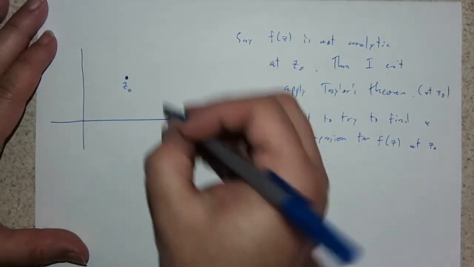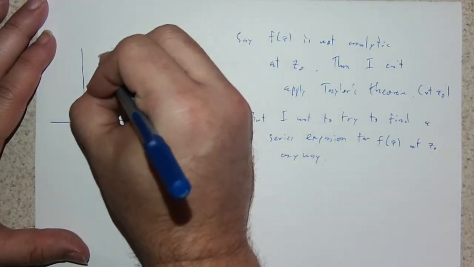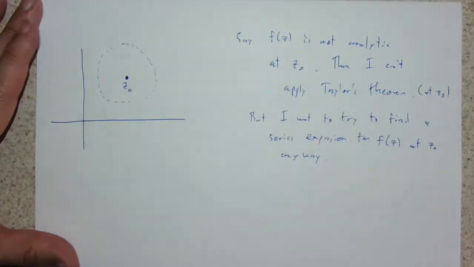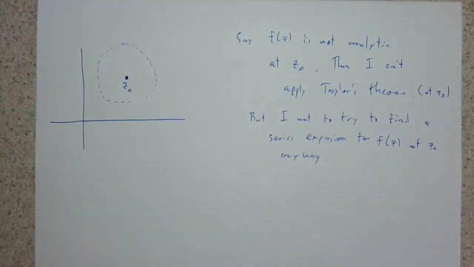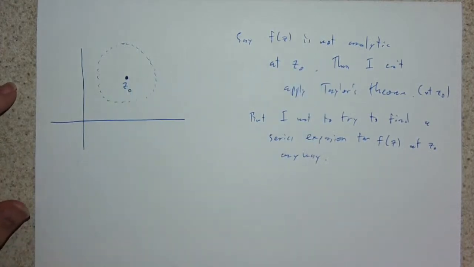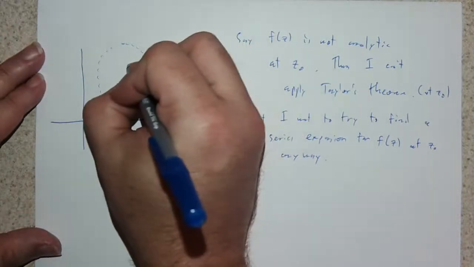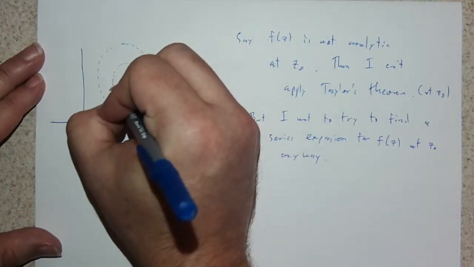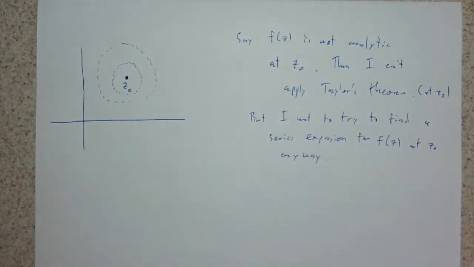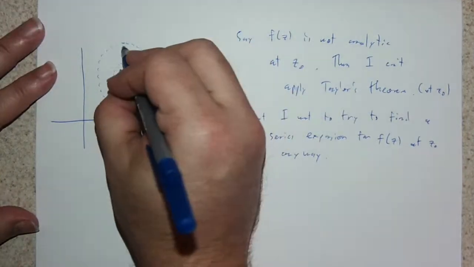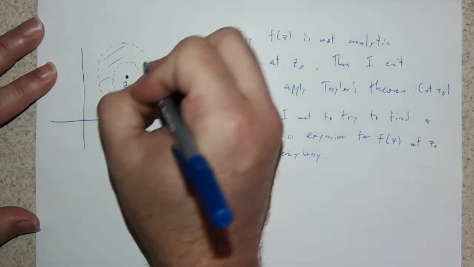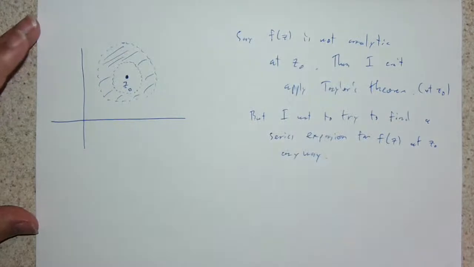So the thing is if I consider an open neighborhood of z naught like this, I know that my function is not analytic at z naught, but what if I excise some disk around z naught such that my function is analytic on this annulus around z naught?